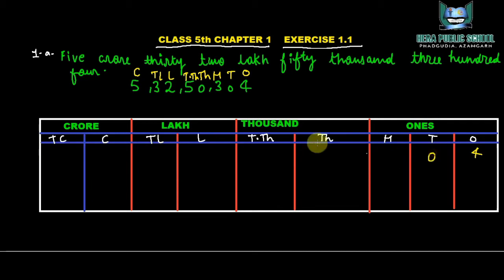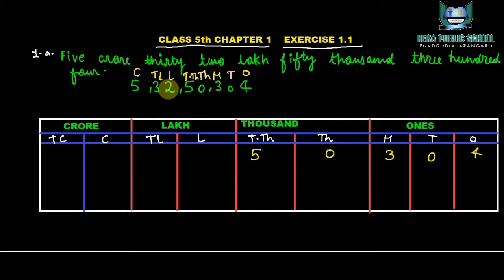3 is in the 100 place. So we write 3 in 100 place. And 0 is in the 1000 place. So in 1000 place we write 0. 5 is in the 10,000 place. So in 10,000 we write 5. 2 is in the lakh place.